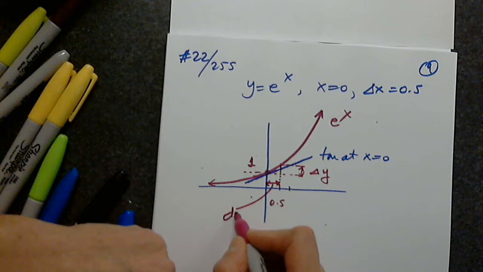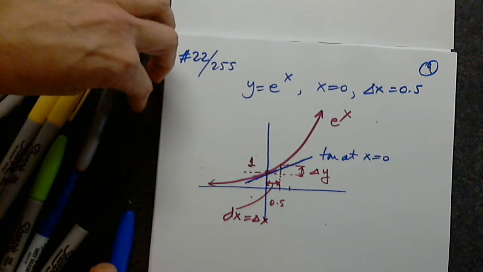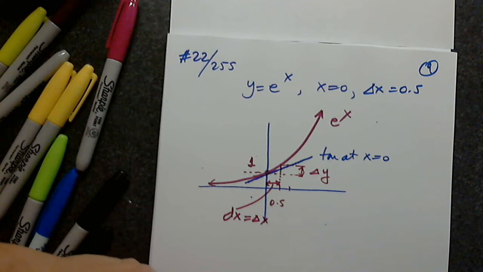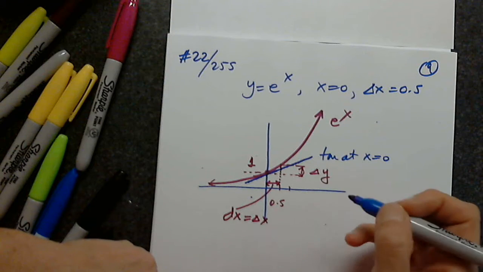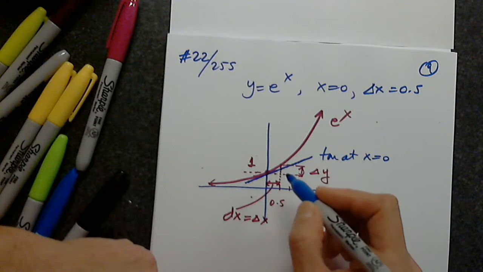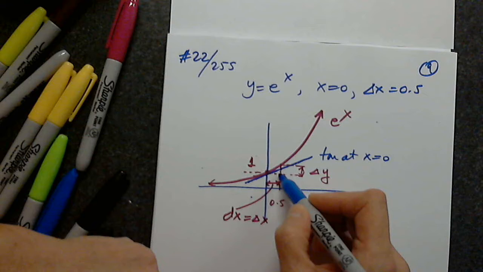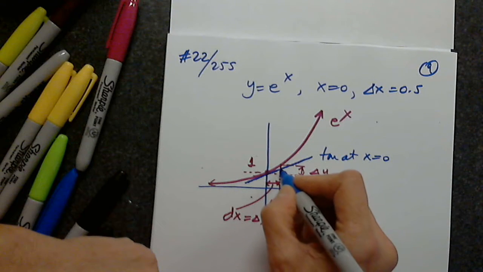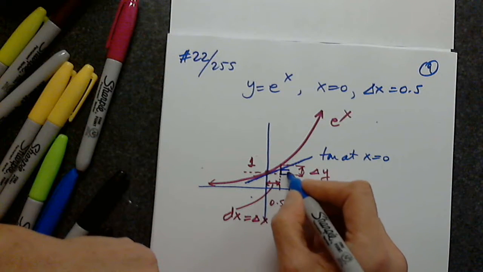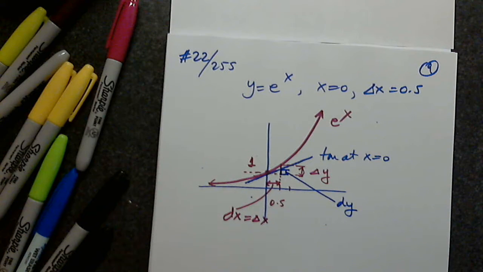This is the delta x, dx. And this is the right triangle. This piece is dy, using the tangent.